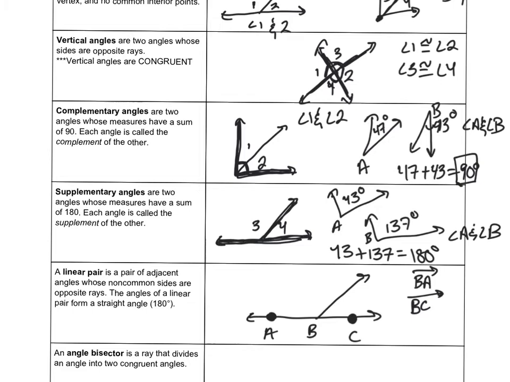The angles of a linear pair form a straight line. Obviously, we can tell that line AC is a straight line, so it is 180 degrees.